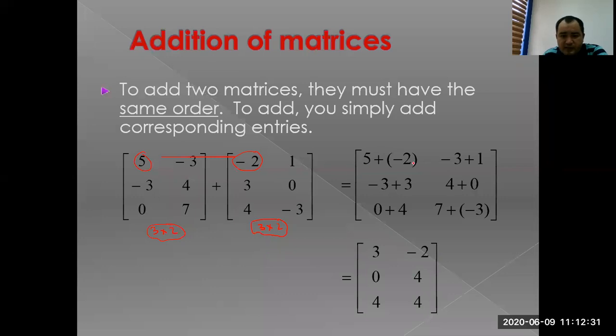So 5 plus negative 2 is 3, negative 3 plus 1 is negative 2, and negative 3 plus 3 is equal to 0. 4 plus 0 is 4. 0 plus 4, here we have 4. Negative 7 plus negative 3, here we have negative 10. Okay. So that is how we add 2 matrices.